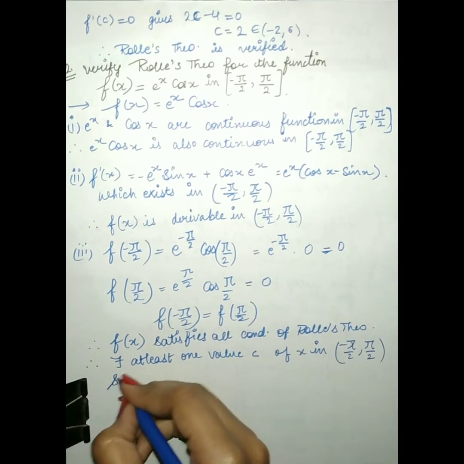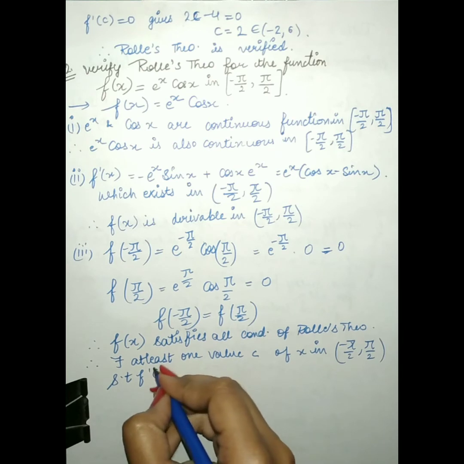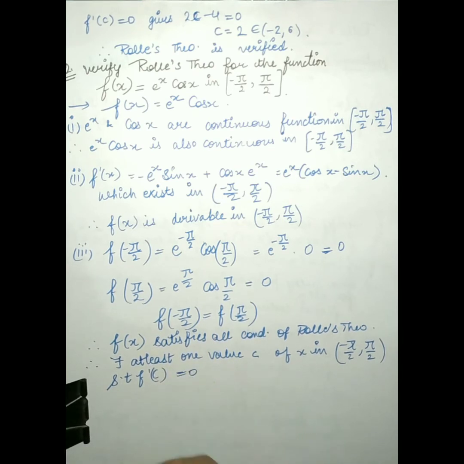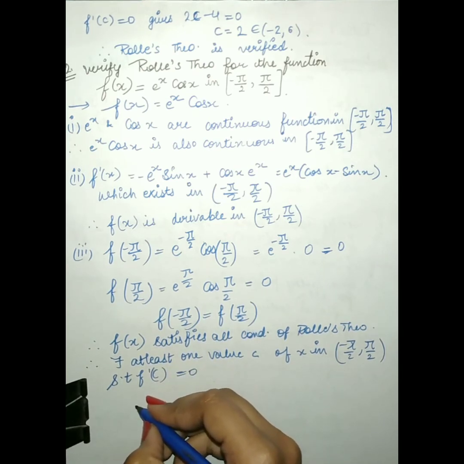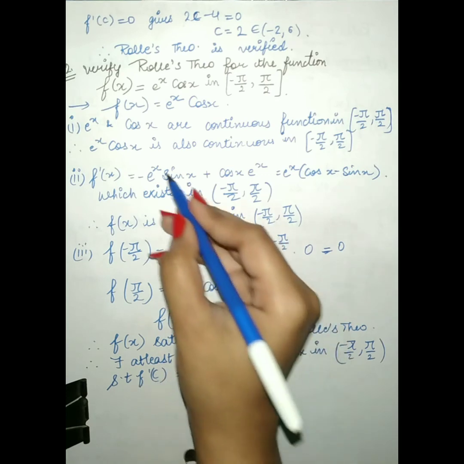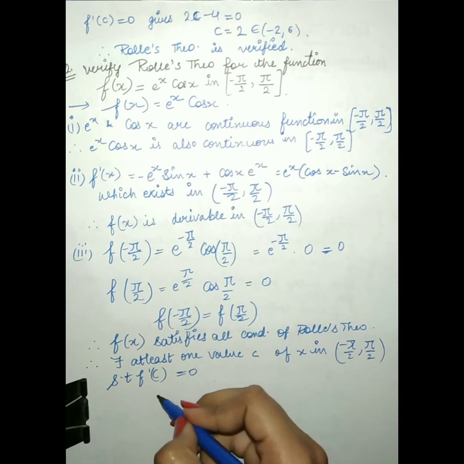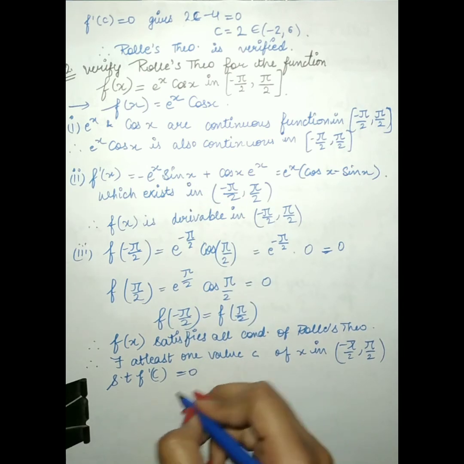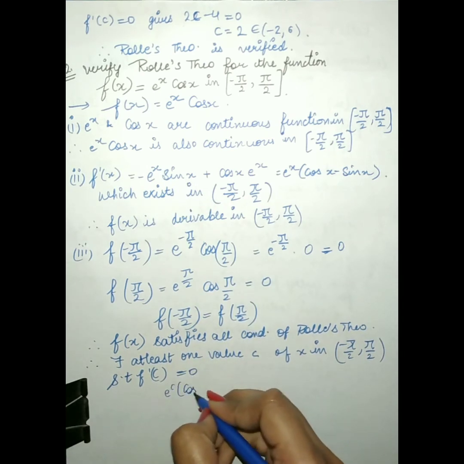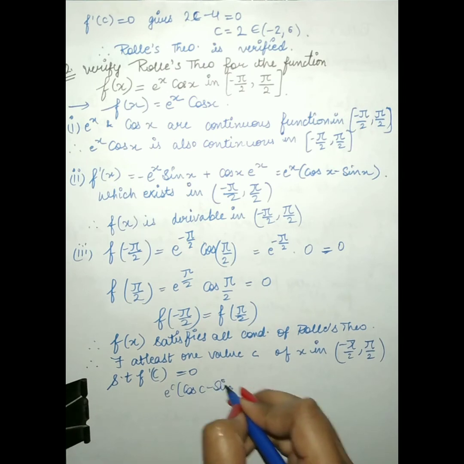such that f dash c will be equal to 0. That means we will put x equal to c, so it will become e raised to power c into cos c minus sin c equal to 0.